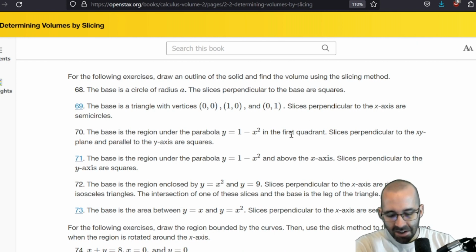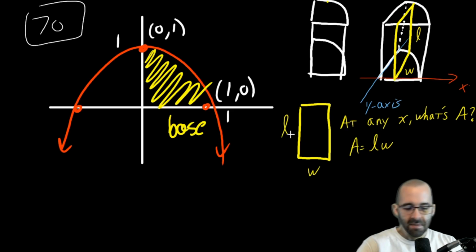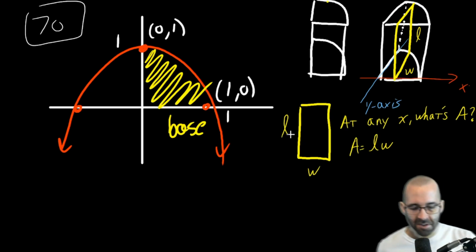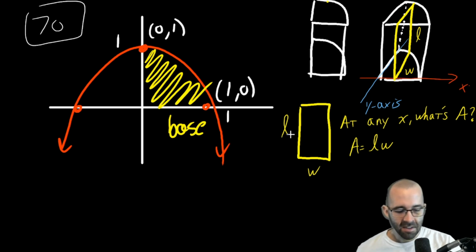It doesn't tell us what it is. All right, it's always the same, however tall this region is. But we do know this width. At any x, we know this width.